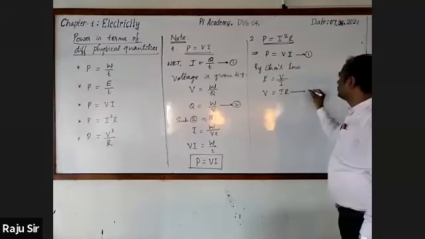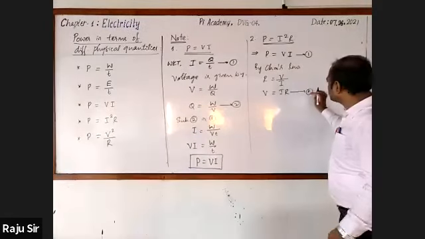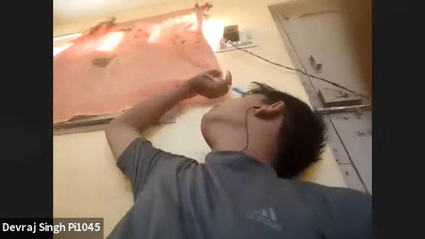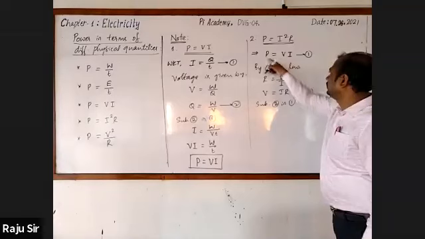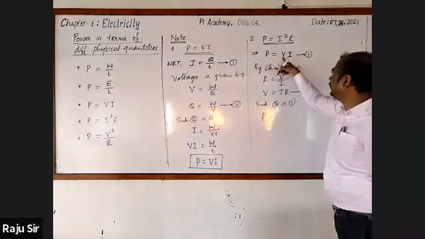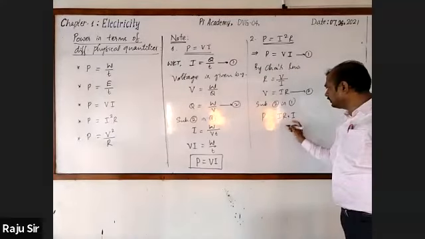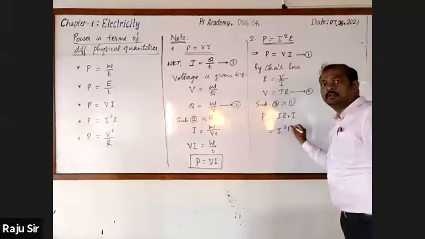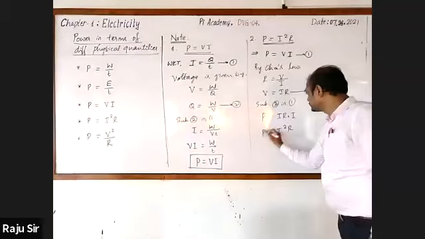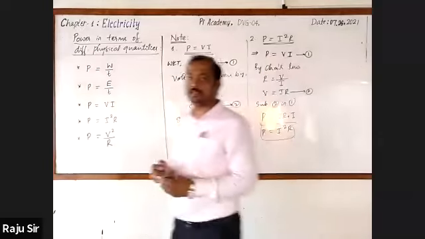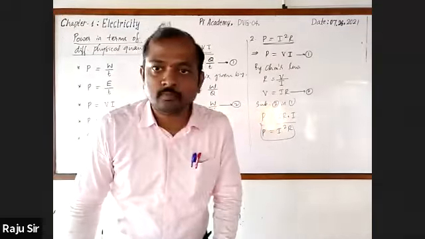I call this statement 2. Let us substitute statement 2 in statement 1. Then P is equal to V, where V is I into R, into I. See that? I into I is I square into R. So P is equal to I square into R. Please copy this.